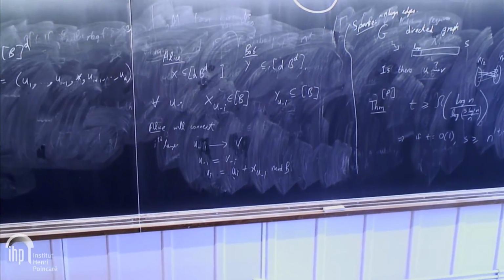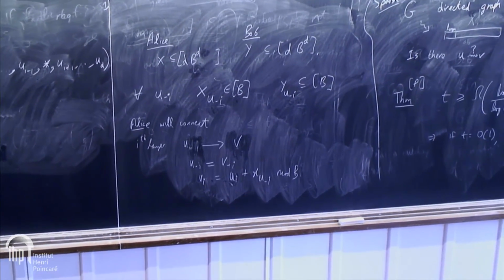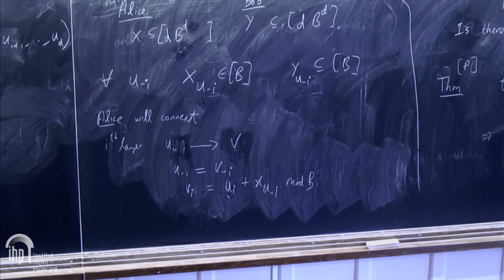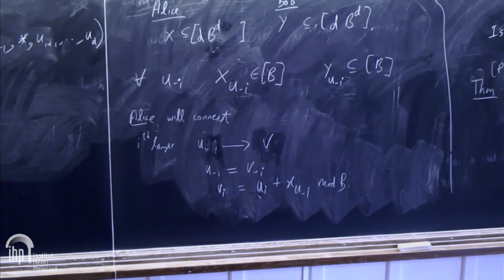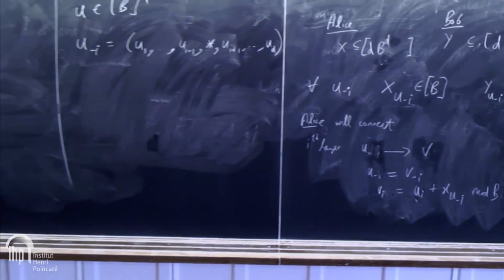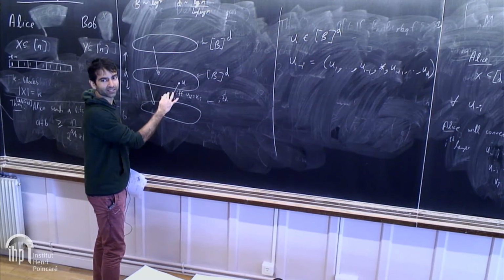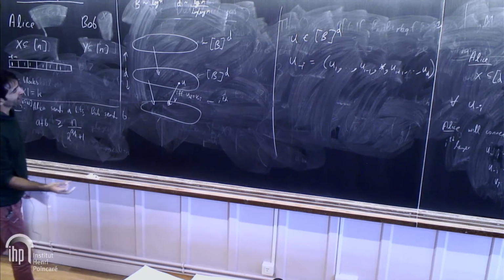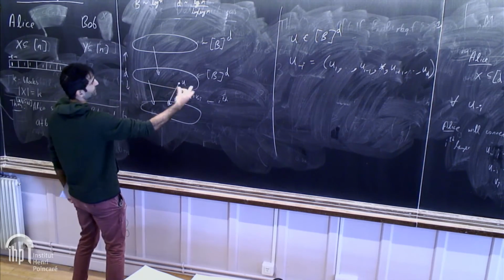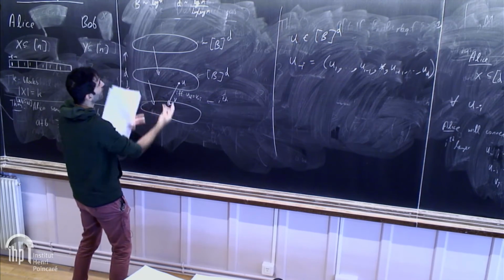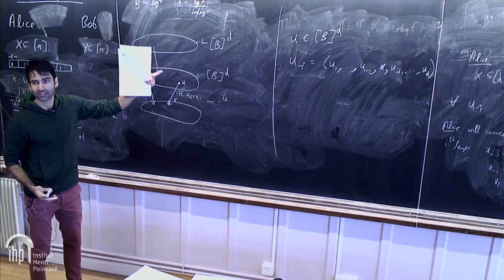So the difference in the ith coordinate has to be equal to the value that Alice has. So what we're defining here between all the vertices that have this value of u minus i is a matching. And the matching corresponds to the number that Alice has. So in fact, the entire graph in this layer is a matching for Alice. And that means that the entire graph here looks like edge disjoint paths from top to bottom.